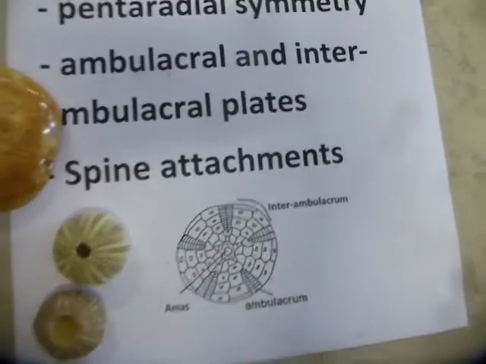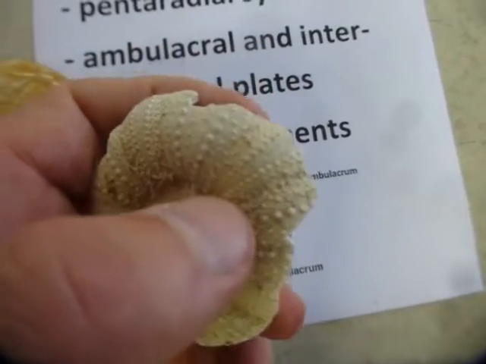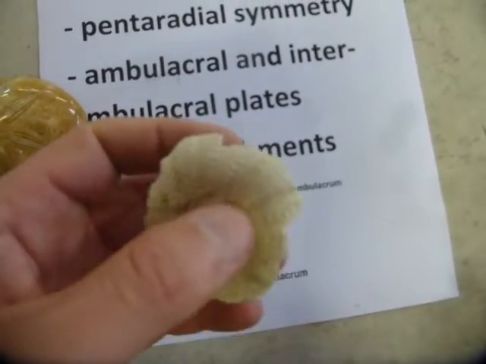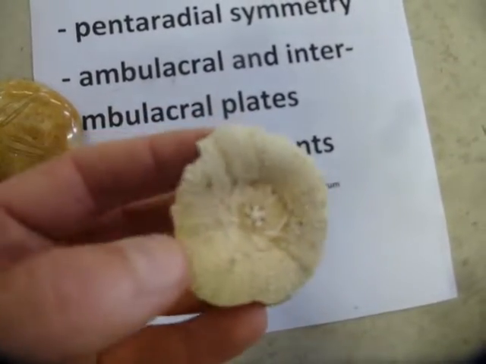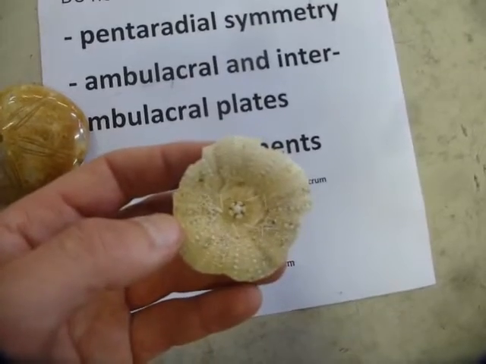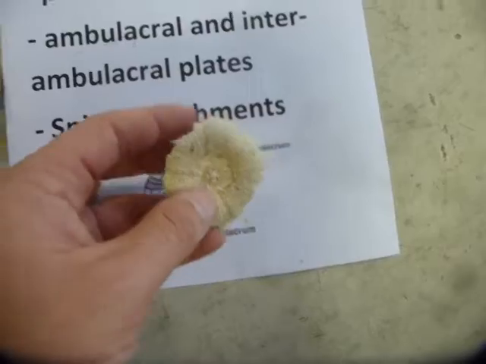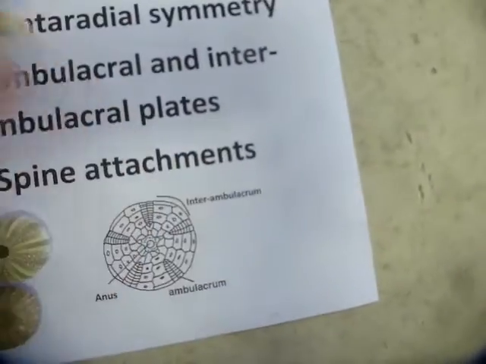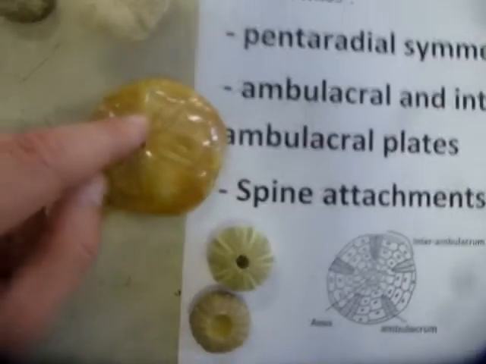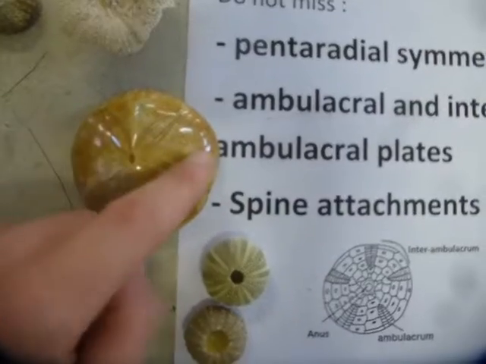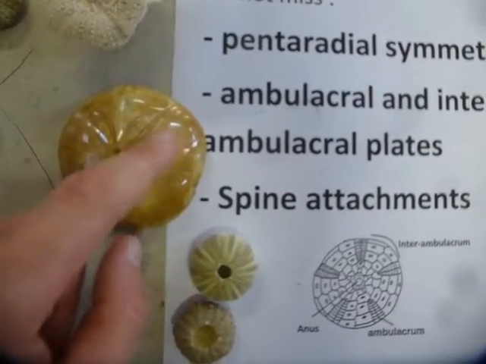If you look carefully at this one, for example, you can see the tiny holes on the ambulacral zone. And then the interambulacral plates are the ones located in between the ambulacral zones.